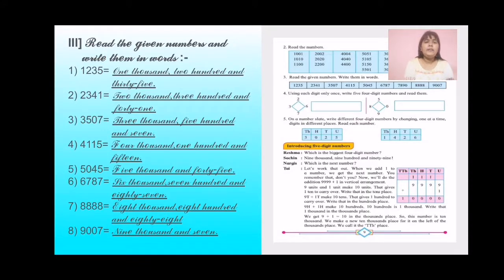Third exercise, read the given numbers and write them in words. So there are numbers and you have to write them in words. So the first is 1235. How will you read this? 1235. Second, 2341. Then 3507. Then 4115, 4150.